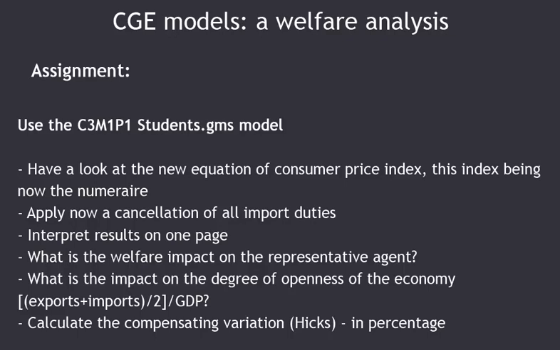The definition is exports plus imports divided by 2 over the gross domestic product. And I would also like you to calculate the compensating variation of X in percentage. So you first have to do some bibliographic research and then implement new instructions to calculate compensating variation.